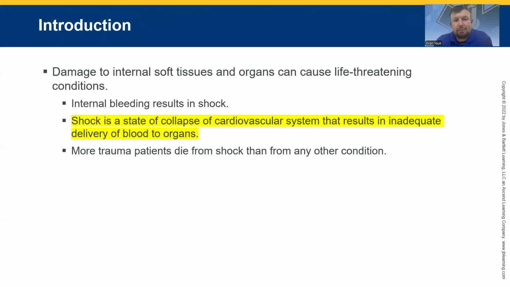So, we're going to look at how internal bleeding results in shock. What shock is: it's the state of collapse of the cardiovascular system that results in inadequate delivery of blood to the organs. More trauma patients die from shock than from any other condition.